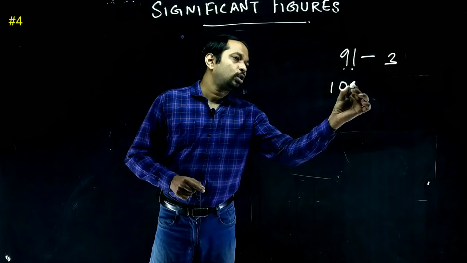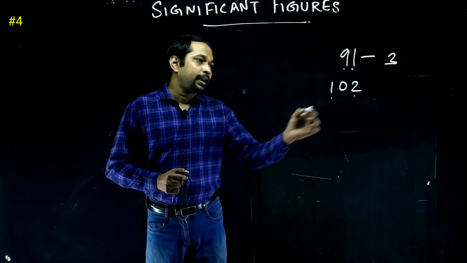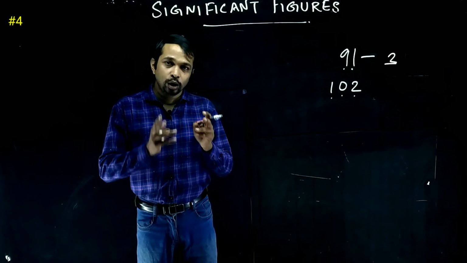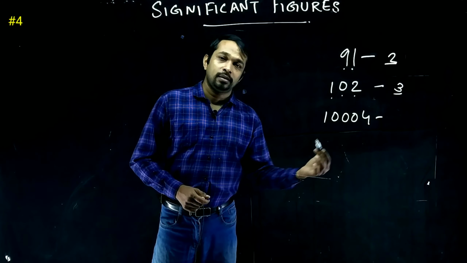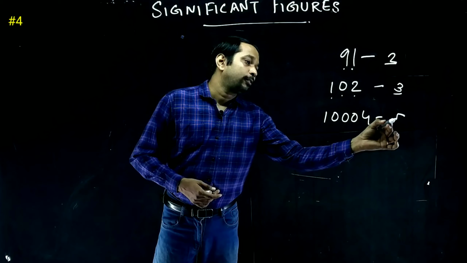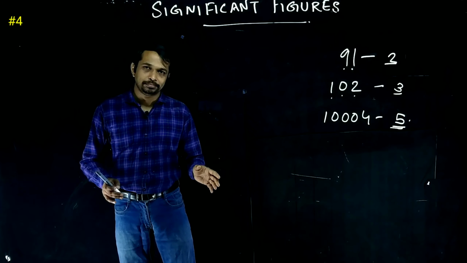If I take 102, 1 and 2 are non-zero numbers, they are significant, and this 0 is between two non-zero numbers. So there are three significant numbers. 10004, how many? Exactly 5. Right? So the first two rules are very simple.